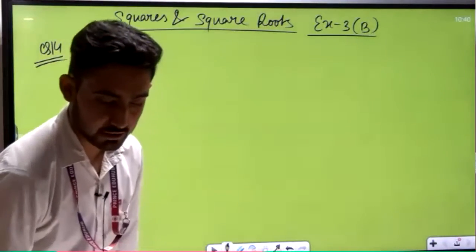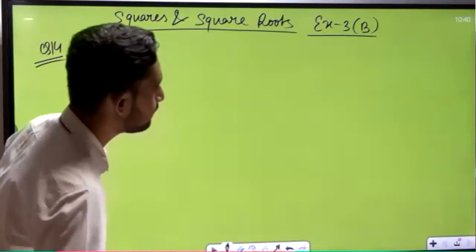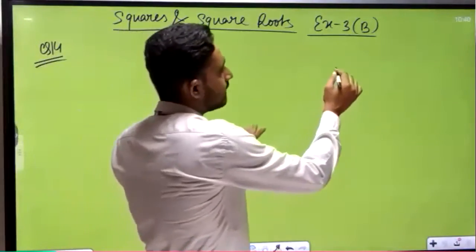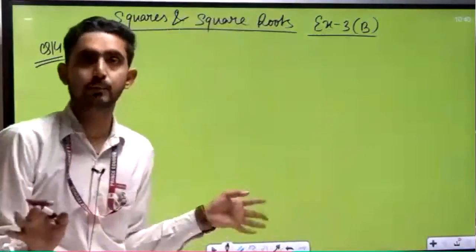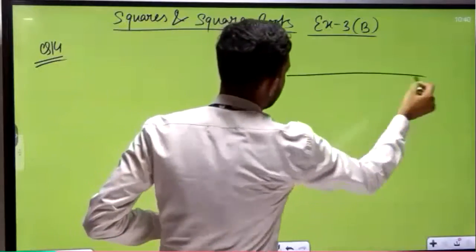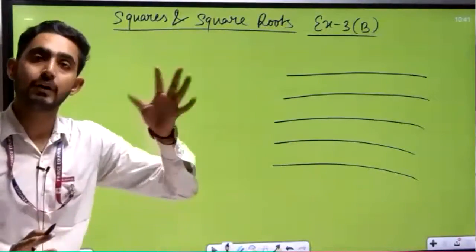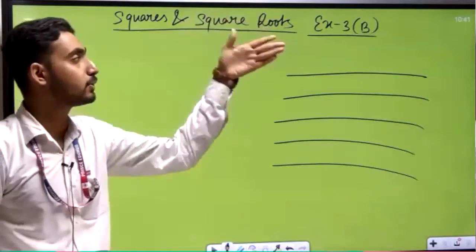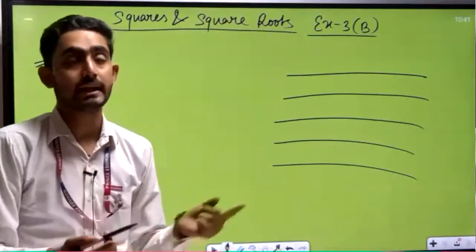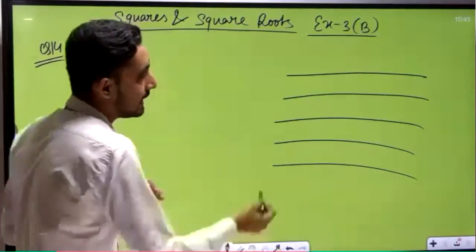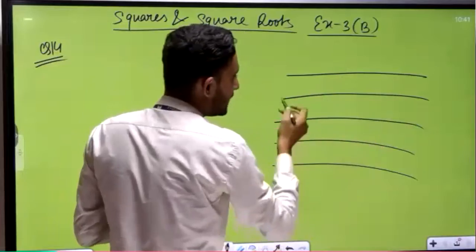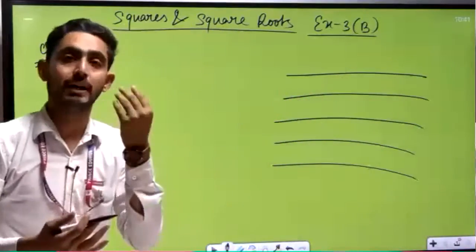That means in this question, very important question, suppose I say here n number of rows are there. Suppose here 5 rows are there: 1, 2, 3, 4, 5. How many rows? 5 rows. And as many soldiers as there are rows will stand in one row, like this. If I say here 5 rows, then in each row how many soldiers? 5 soldiers.